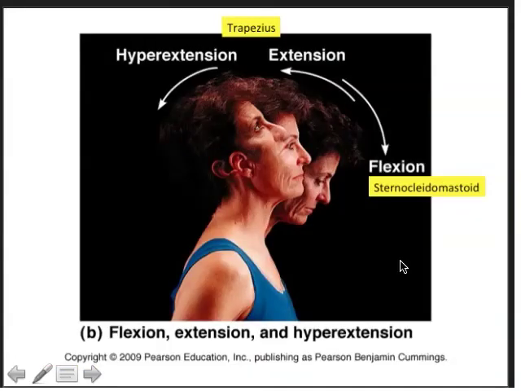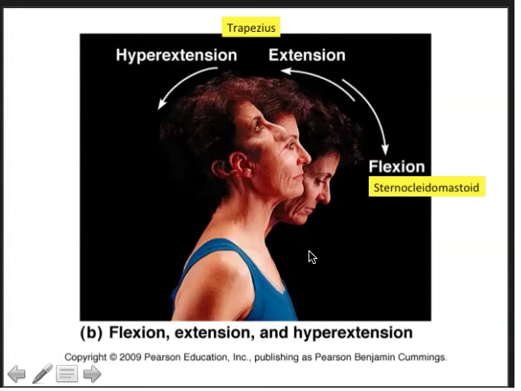So these are just a few of the actions that are possible at the joint that's formed between the head and the chest. You can see here flexion, which is the movement of the chin onto the chest; extension, which is raising the head up to anatomical position; and hyperextension, which is looking straight up, and as a result moving the head backward.